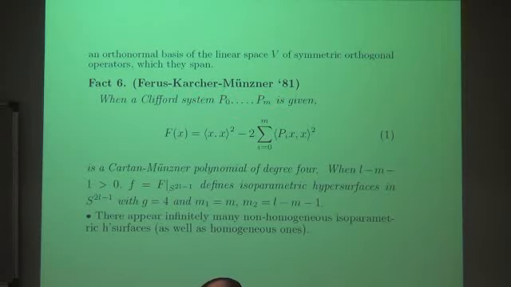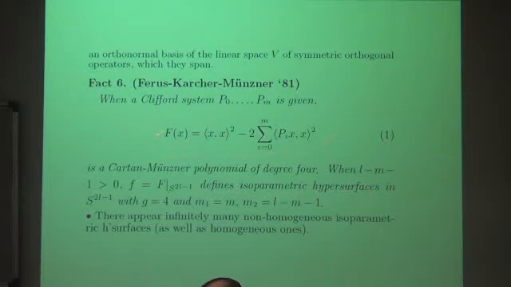So if we are given a Clifford system, then this polynomial of degree 4 is a Cartan-Münzner polynomial. And when L and M satisfy this condition, L minus M minus 1 is positive, then the restriction of this polynomial to just here is an isoparametric function. So the level sets are isoparametric hypersurfaces.